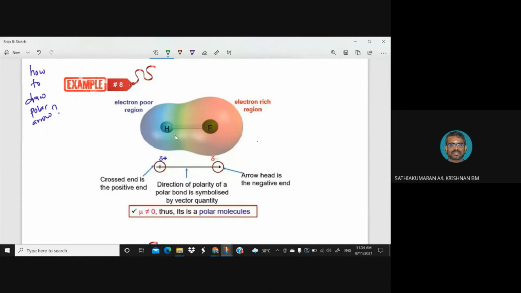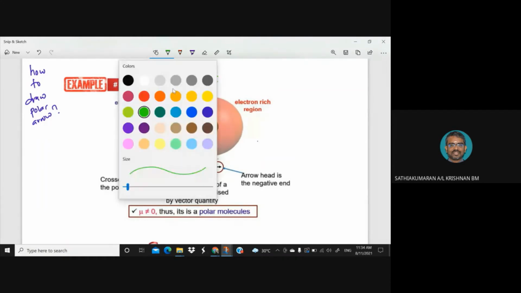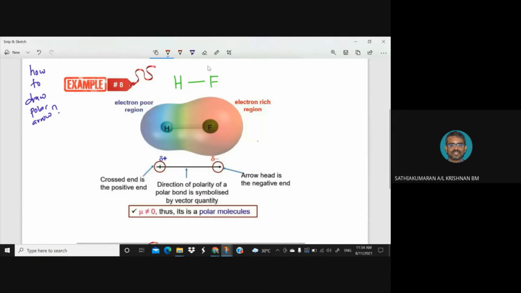Let's say this is my molecule. First step, I have to check: is this bond a polar bond? First, it has two different electronegativity atoms. One will be more electronegative, one will be less electronegative. The more electronegative atom has a greater tendency to attract electrons towards itself.